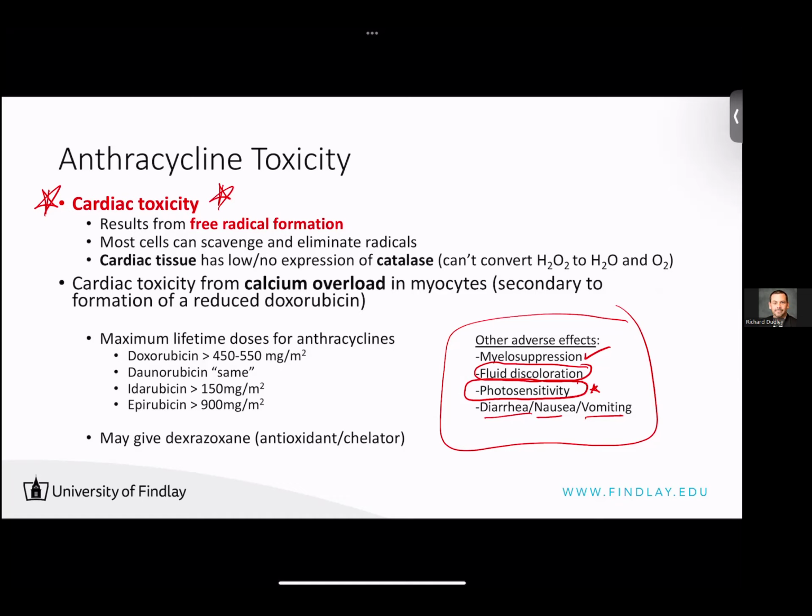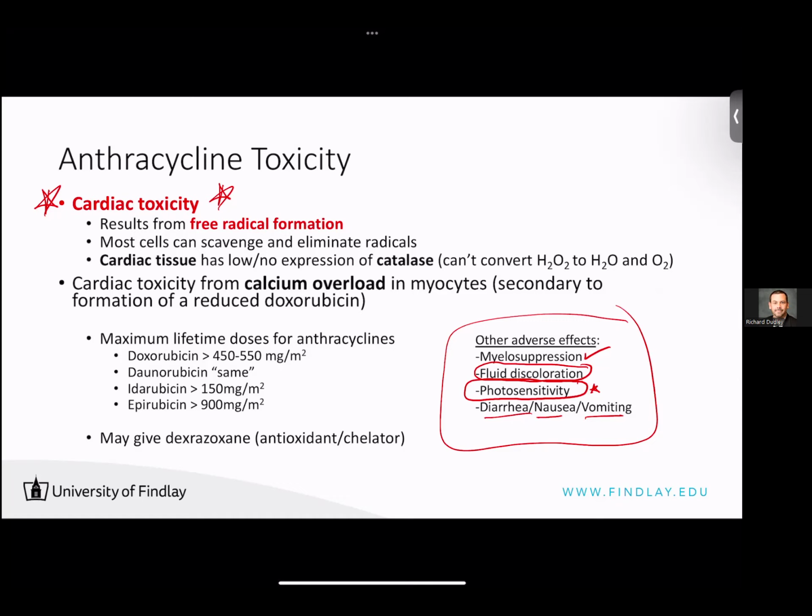Now, remember, I said free radicals can contribute to the anti-cancer effects of this class of drugs, but when we start to look at what goes on inside a cardiac myocyte, it becomes a lot more concerning. Free radicals get formed in cardiac myocytes, and that can wreak havoc and damage and lead to apoptosis in the cardiac myocytes, ultimately producing the risk of heart failure in patients receiving anthracyclines.